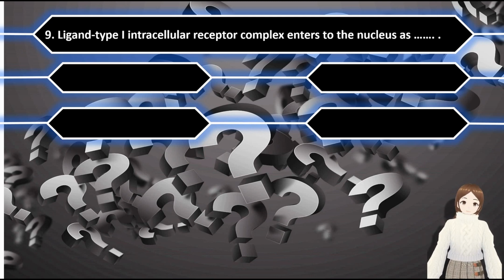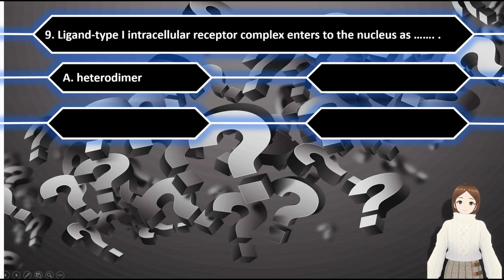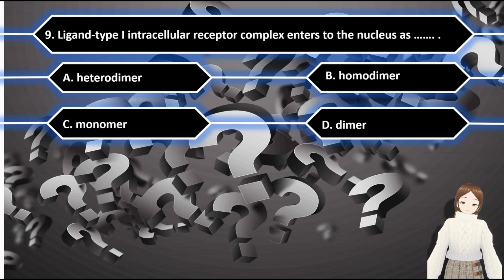Question number 9. Ligand type 1 intracellular receptor complex enters to the nucleus as A. Heterodimer, B. Homodimer, C. Monomer, and D. Dimer.